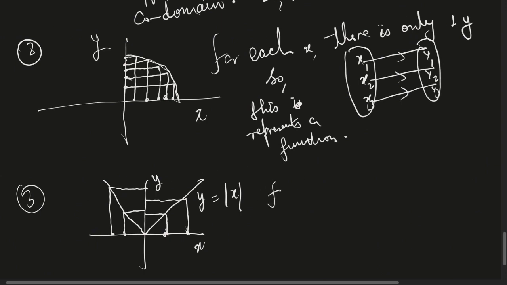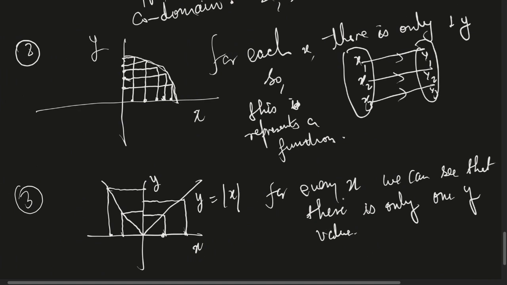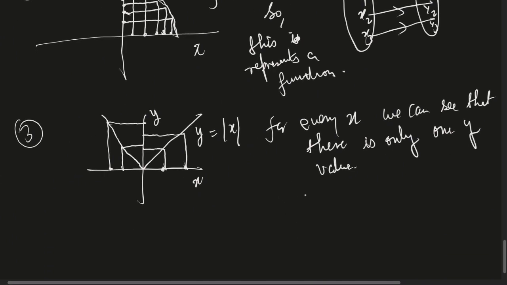So for every x, we can see that there is only one y value. That is, for every element in domain set, there is only one element in codomain set. So we can say that this is a function.